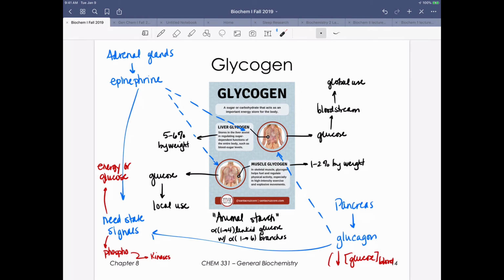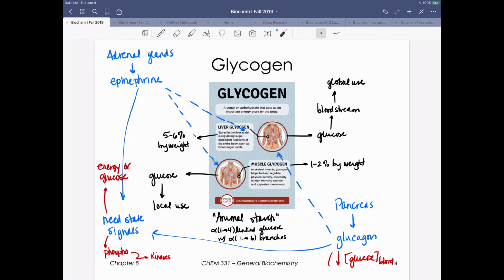So how does this glycogen get released and used by the body? Well, there's two main hormonal signals that we're going to talk about in more detail later, but introducing them now. One is secreted by your pancreas, and the pancreas secretes glucagon in response to low blood sugars.